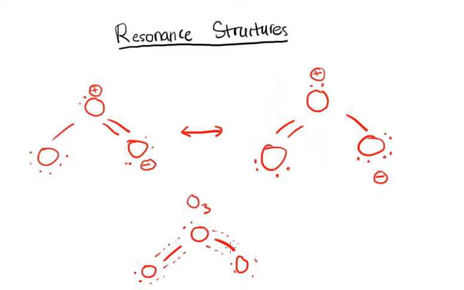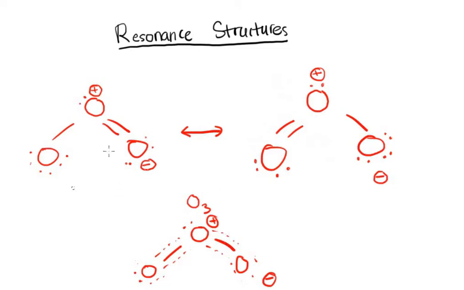This resonance hybrid shows that it's actually a mixture of these resonance structures, meaning that the electrons are balanced between the sides. The polarity doesn't change. As we see here, this is still positive, this is still negative, this is still a bent molecule. It's just that the electrons are distributed more evenly.